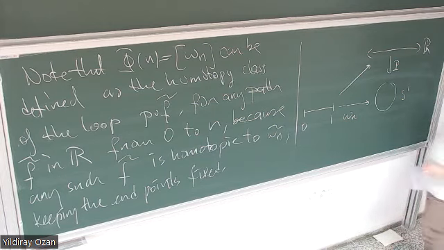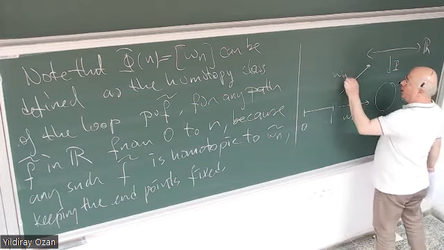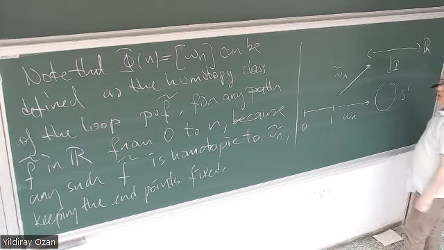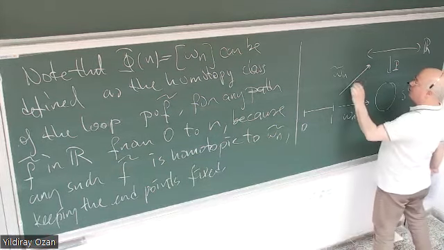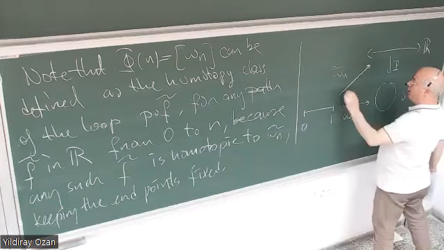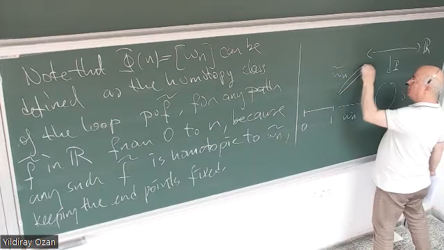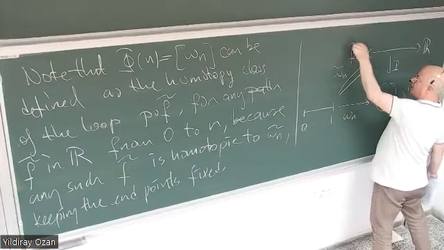Here we have Wn tilde, and suppose I have another map, okay, another map F tilde.